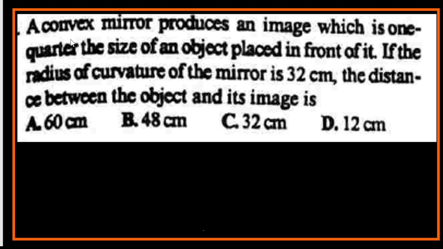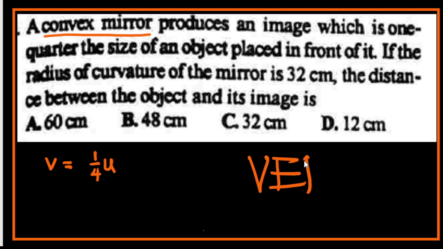So the question says a convex mirror, take note of that, produces an image which is 1/4 the size of the object. They say the image V is 1/4 the size of the object U. Now it is important you take note of this statement, virtual.